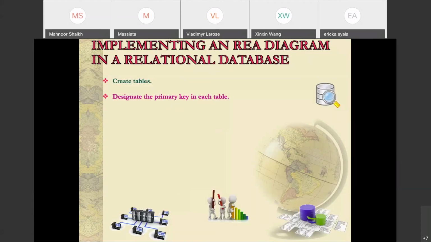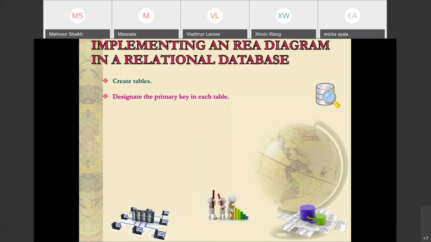Implementing an REA diagram in a relational database. What are the important principles? Important steps, right? So first, you want to create the table, right? But this is not the finalized table.